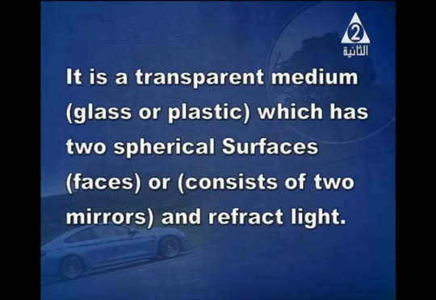A lens is a transparent medium made of glass or plastic, which has two spherical surfaces or two spherical faces. Lenses are formed by the intersection or union of two mirrors. The lens will refract the light rays after they fall on it. This is the definition of lenses.